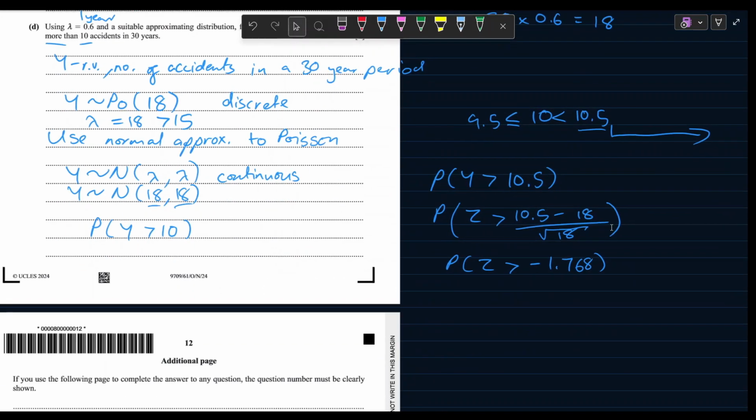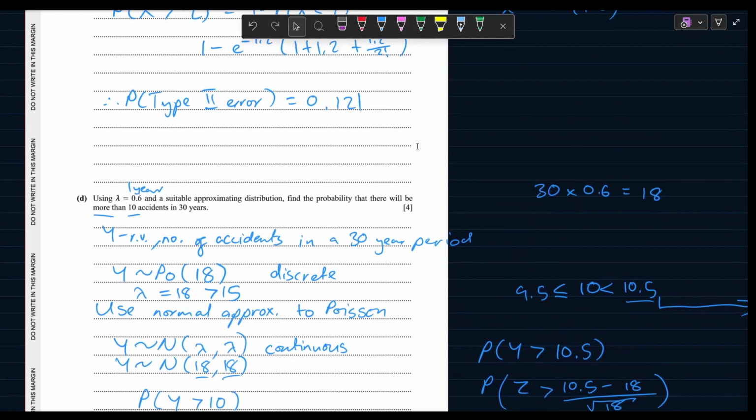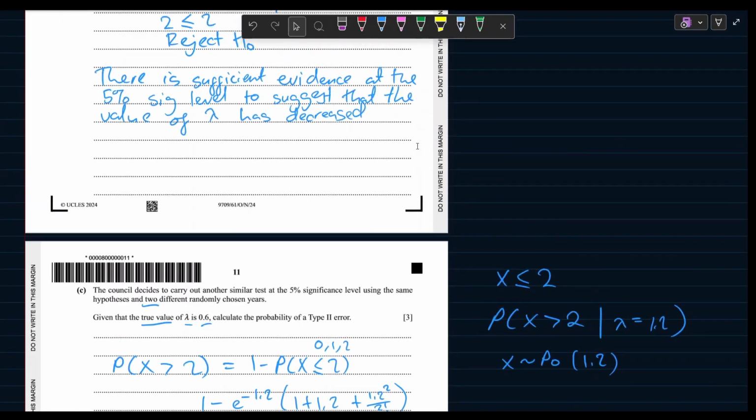All right, which we can write as, this is the same as the probability that z is less than 1.768. So that's just going to be phi of 1.768. And so let's read off the value of phi of 1.768 from the normal distribution tables. It gives us 0.9615. So therefore our final answer would be 0.962. Right, and that is the question and also the full paper.